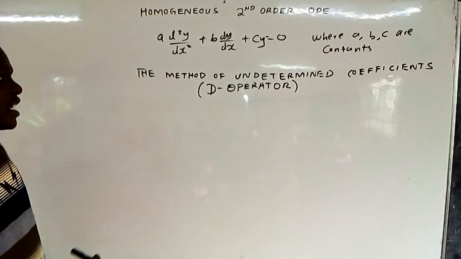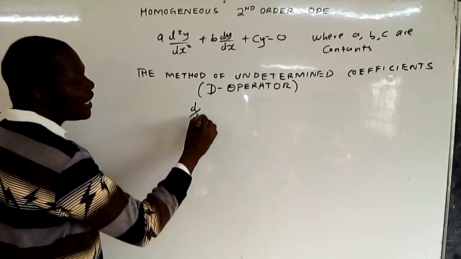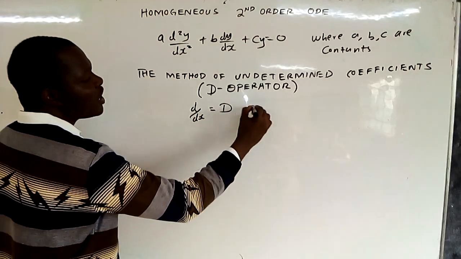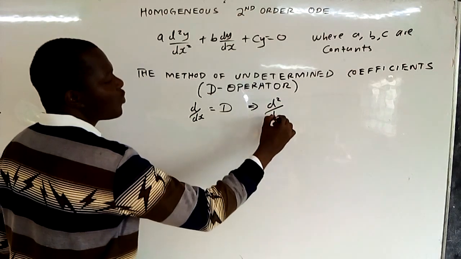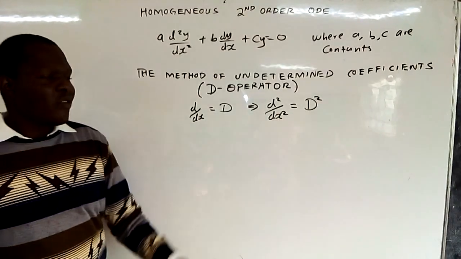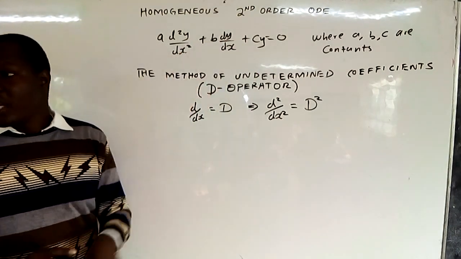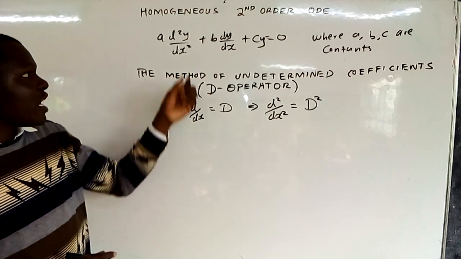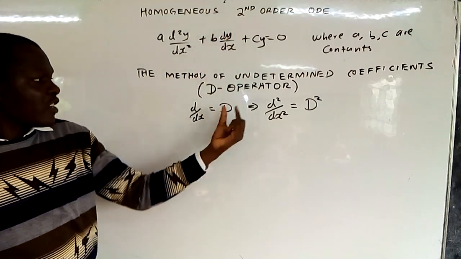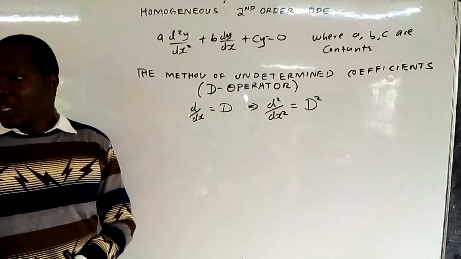In the D operator method, where we have d dx, we are going to substitute with D. That implies when you square both sides, d squared over dx squared will be D squared. So you go back to your homogeneous ordinary differential equation, and anywhere you have d dx, you substitute with D, and where you have d squared over dx squared, you get D squared.